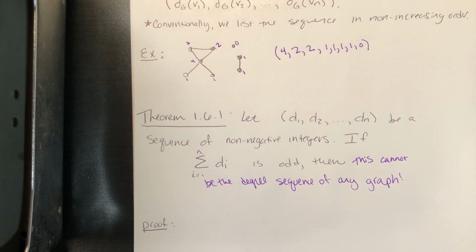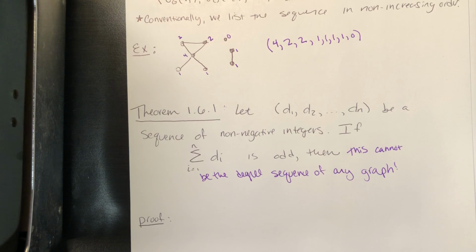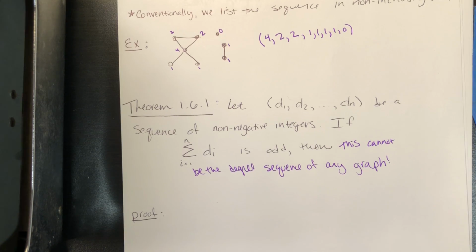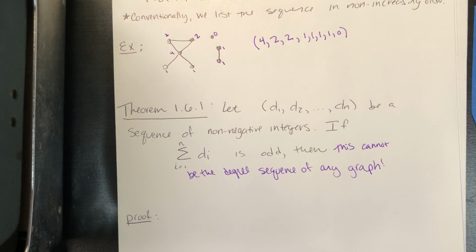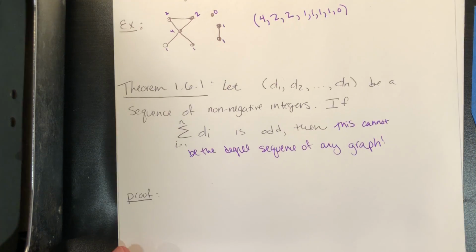All right, so let's try to prove that. And to prove it, I'm going to use a theorem that we talked about in the last section, theorem 1.5.1, and let's try to prove this by contradiction.